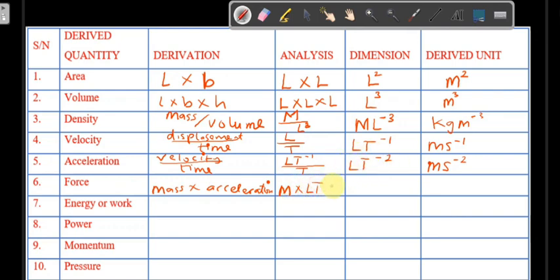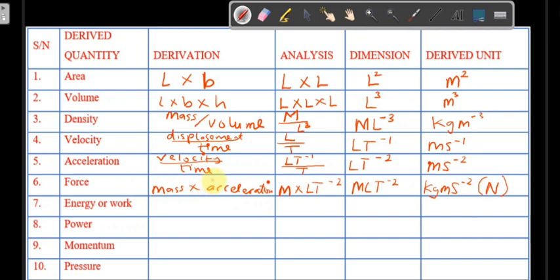So the dimension is going to be MLT minus 2, and the derived unit will be kilogram, then L is meters, then per second squared. But sometimes there are derived quantities whose units are not expressed as a group of symbols, so we can just write it as N, which is Newton. So 1 Newton is the same as 1 kilogram meter per second squared.